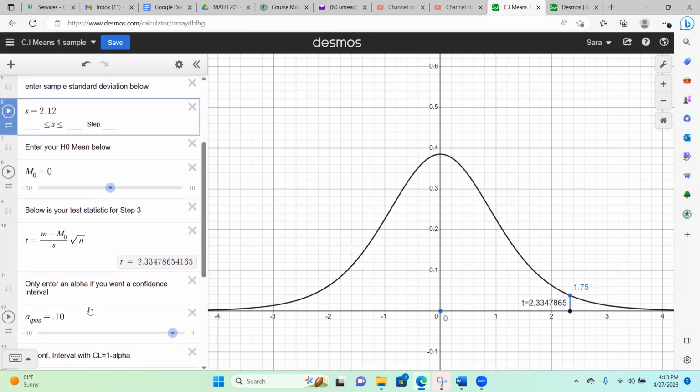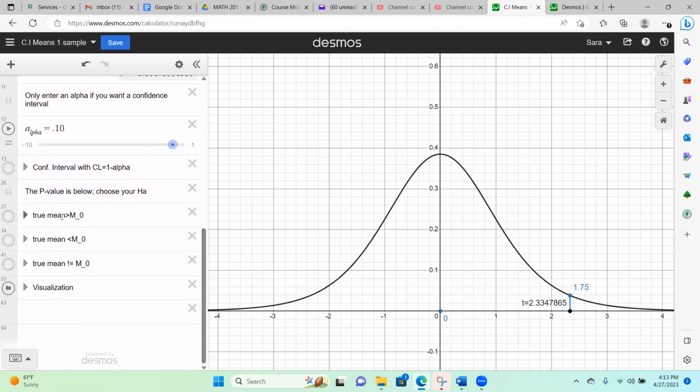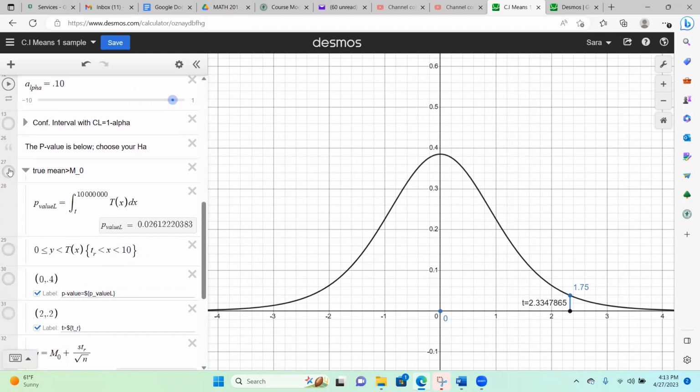So our test statistic, our T0, is 2.33. We don't have to worry about putting alpha in because it's only for a confidence interval. We're going to go down and click on the greater than, the right tail test. If you click over here in the circle, it actually just puts everything right on your screen in the graph. So our probability, our p-value, is 0.0261.